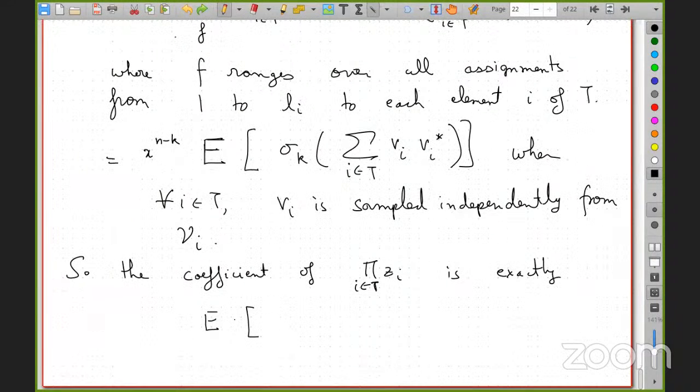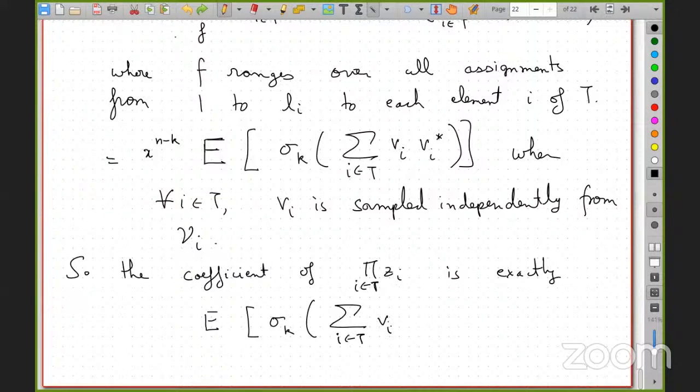It is exactly e to the power expectation of sigma k, summation i in t, vi star. So I can just sample all of them, and just ignore the things that are outside t. That doesn't change anything.